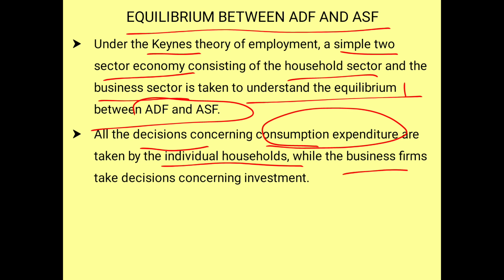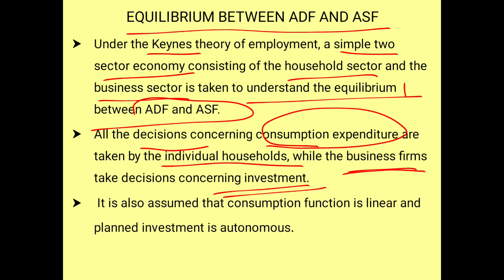But what does a businessman do? According to the consumption of the economy, he starts investing. So consumption expenditure is decided by you and me, but a firm decides how much investment has to be done according to the demand of the consumer.